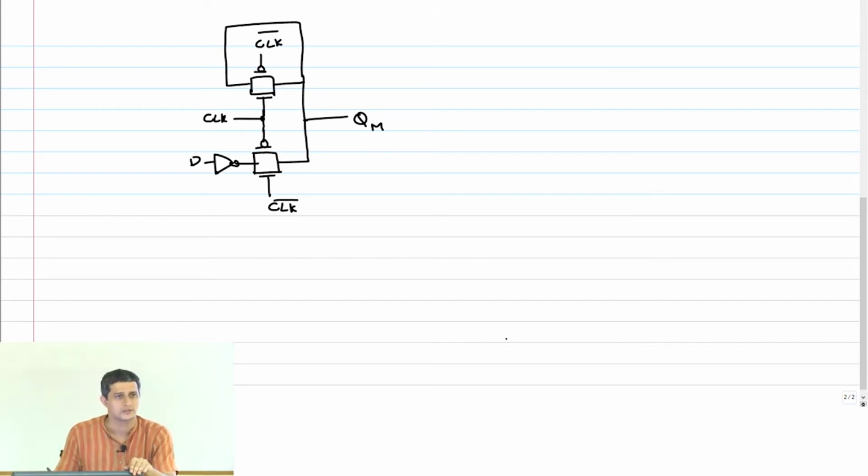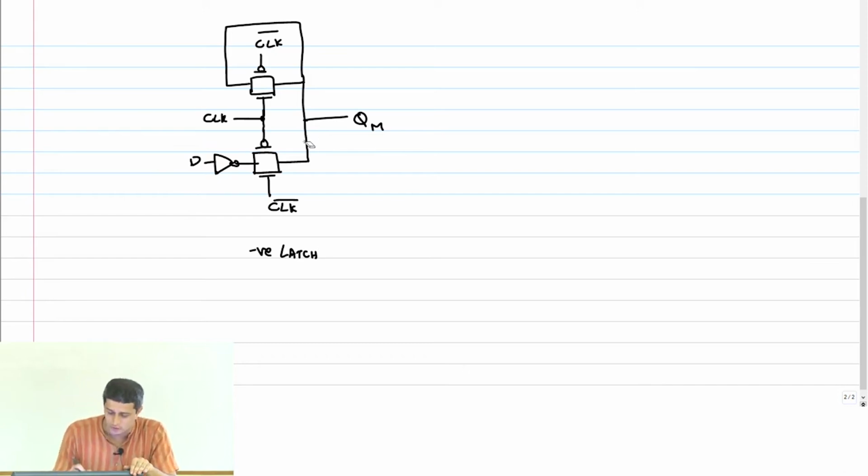Yeah, any questions? This is clock and why? No, we need a negative latch here because I'm going to construct a positive edge triggered flop now. Okay, this is a negative latch. Okay, yeah.